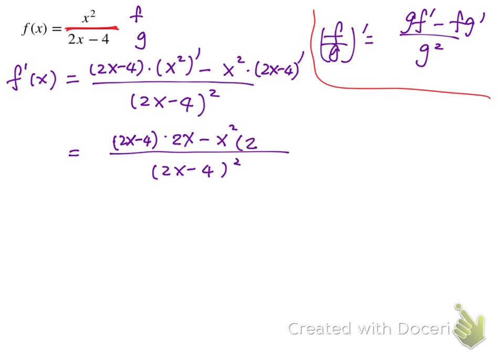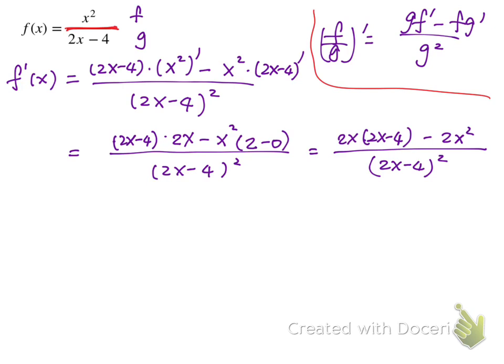And minus 4, constant, nothing. Should I write 0? I'll write minus 0. And this gives me 2x minus 4 minus 2x squared over 2x minus 4 squared.